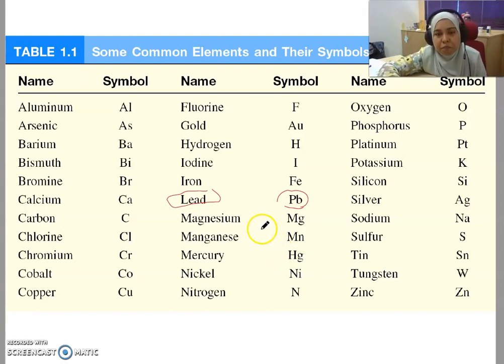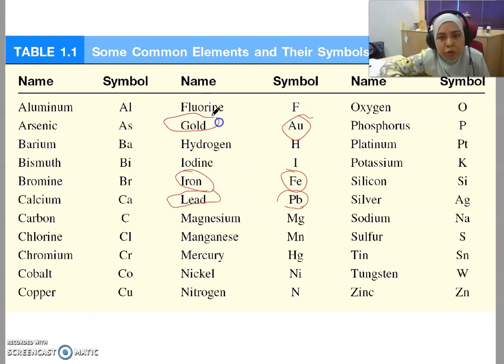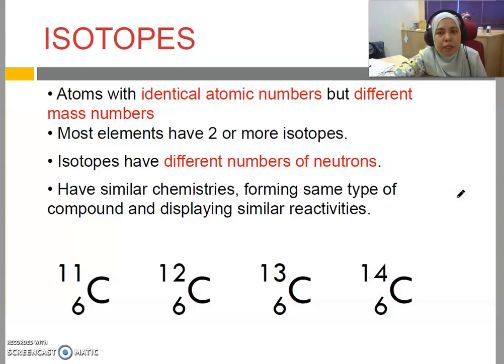Okay. Ada lagi lah contoh-contoh lain macam Fe. Nama common dia iron. Bukannya ferrum. Okay. Au. Ni aurum. Ataupun gold. Ag. Silver. Itu adalah argentum nama saintis dia. Okay. And so on. Alright. Ni adalah few common element and their symbol.